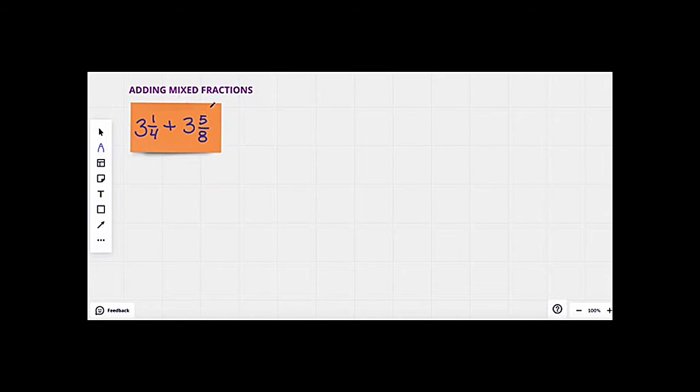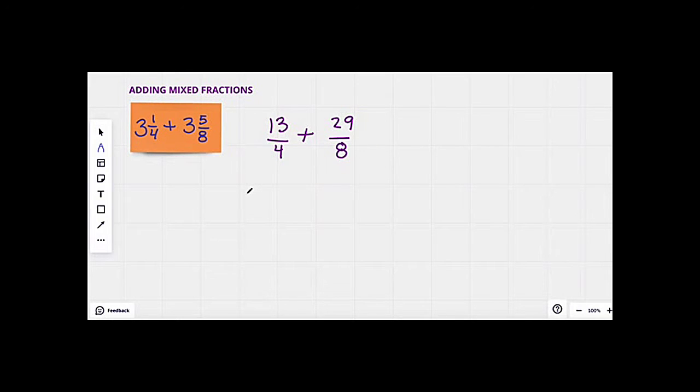In this case, our first fraction is 4 times 3, which is 12, and we add the 1 on top, we've got 13, and we leave the denominator the same. Then we have our other fraction, and 8 times 3 is 24, and when we add the 5 on top, it becomes 29, and we leave the denominator the same.